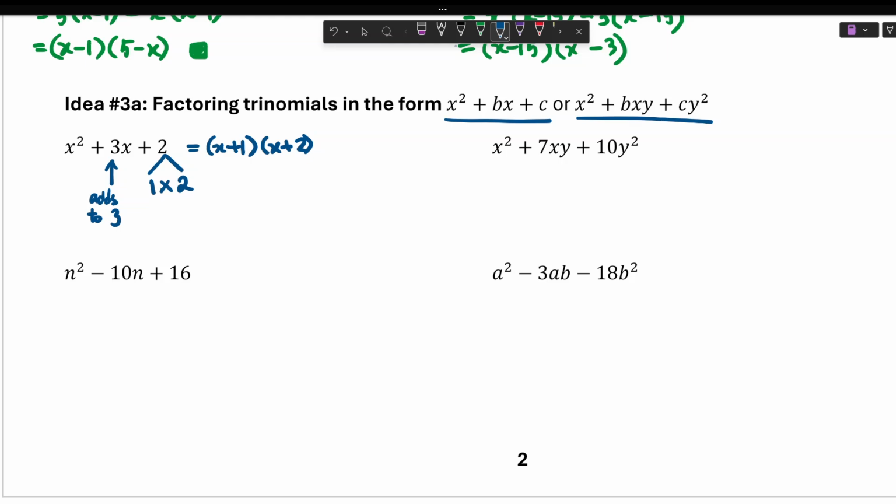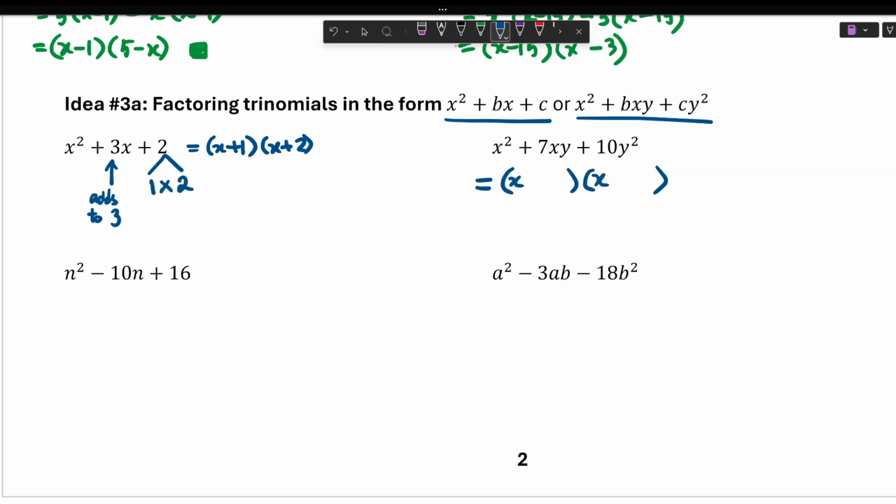Okay, let's do the next example. So we have x squared plus 7xy plus 10y squared. I'm not going to do the decomposition this time. We're going to skip to the other guess and check method. So we know that x squared is most likely going to come from x times x.